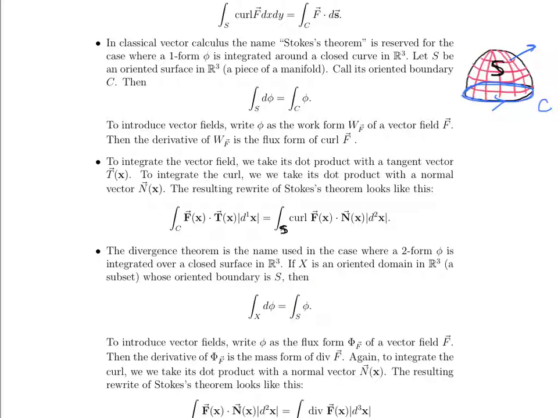Now to introduce vector fields, what we end up doing is we write phi as the flux form of a vector field f, and then the derivative of the flux form of f is the mass form of the divergence of f, just as you found from, I think that was proof 24.2. And again, to integrate, we take its dot product with the normal vector, that's over the surface there. The resulting rewrite of Stokes' theorem ends up looking like this.